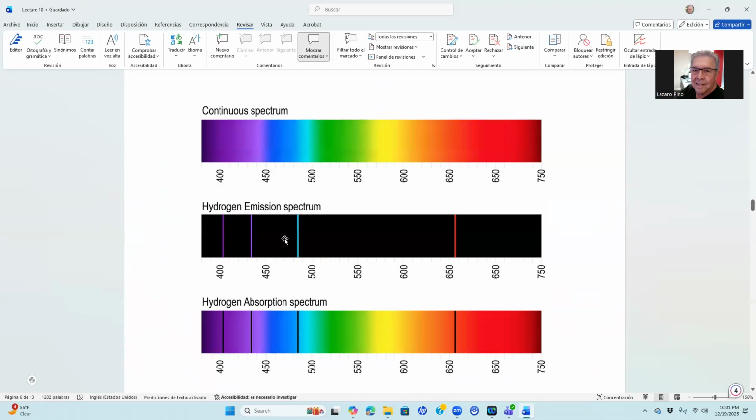You can see here that the line that we observed was this, the cyan, that corresponds to this 486 nanometers. Then you can determine which is the color, and you can determine the energy that corresponds to this transition. Then you can study the different transitions of electrons from one level to another level in the atom.